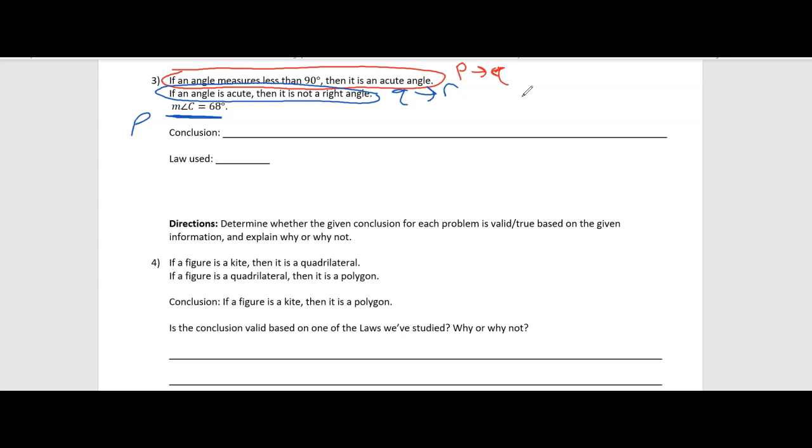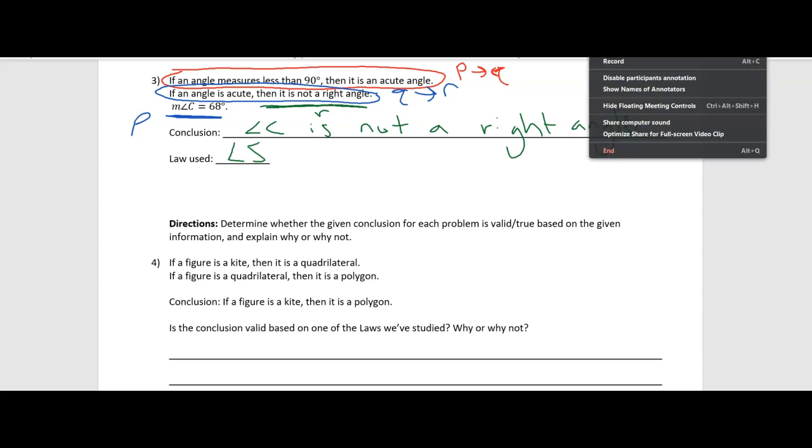So if we have a P, then we can imply an R. So our R is, then it is not a right angle. That's our conclusion: angle C is not a right angle. And we would be using the law of syllogism here.